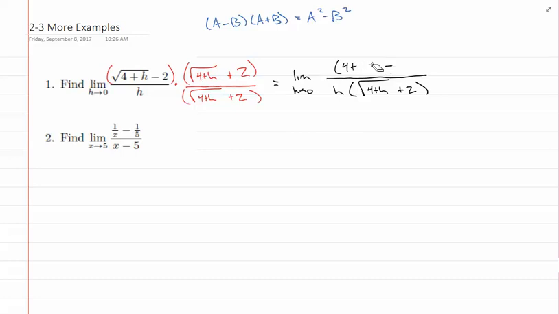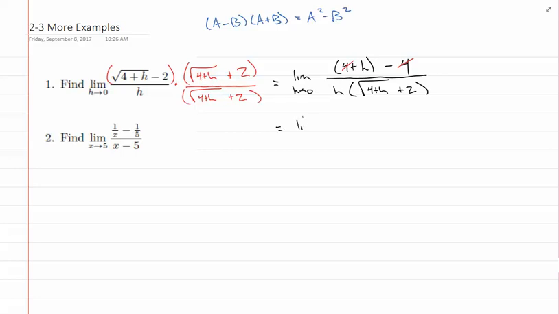Whoops, 4 plus h. Right, so if that's your a, then that's your a squared, and then b is 2, so b squared is 4. Okay, on top you got 4 minus 4, so those cancel.